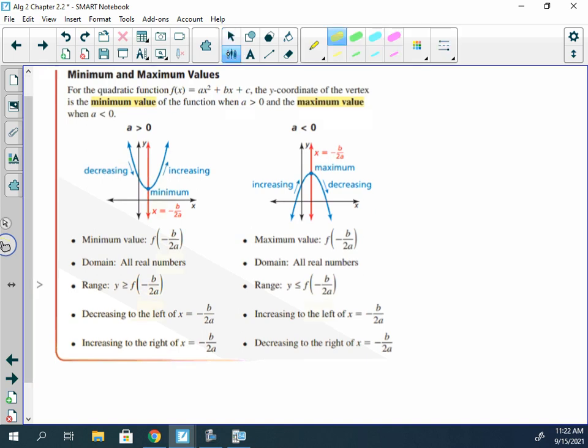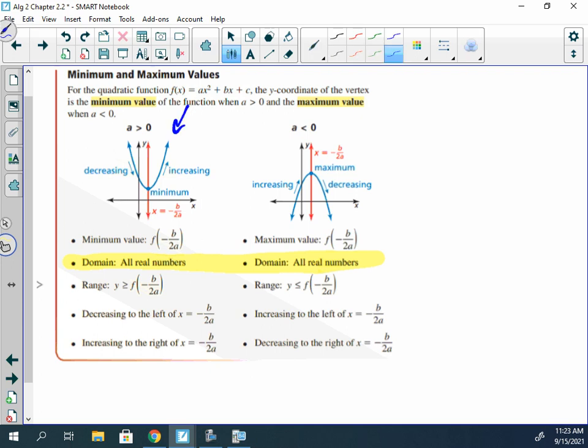One of the main things I would point out is that the domain for both of these is all real numbers, because this will stay pretty much true until we start talking about rational functions, fractional functions where the variable is in the denominator, or radical functions where we have square roots, cubed roots, fourth roots. For those, the domain will not be all real numbers. But for these quadratics, the domain is going to be all real numbers.